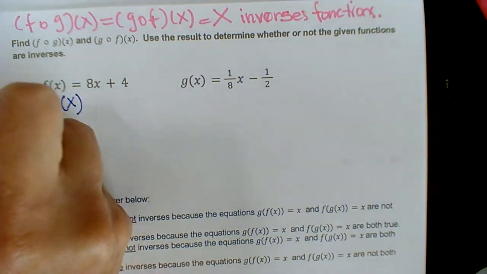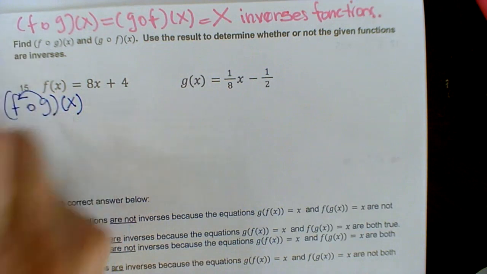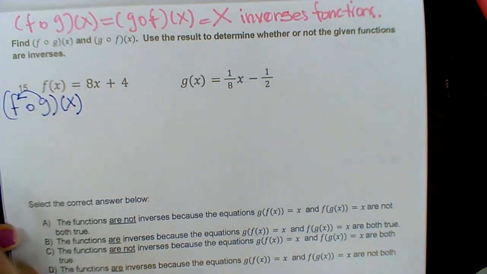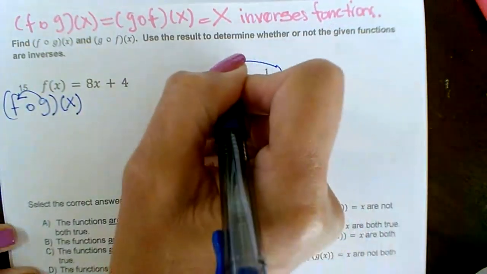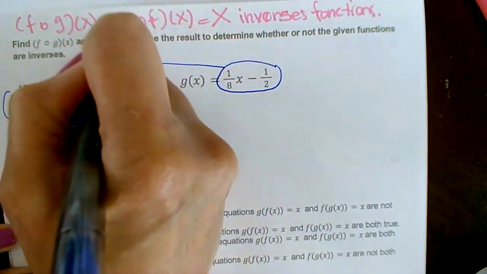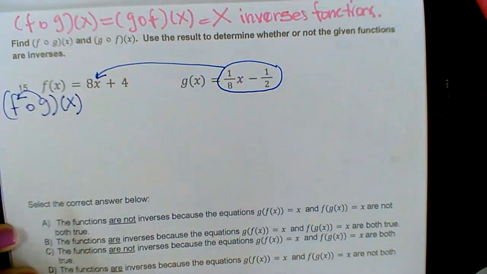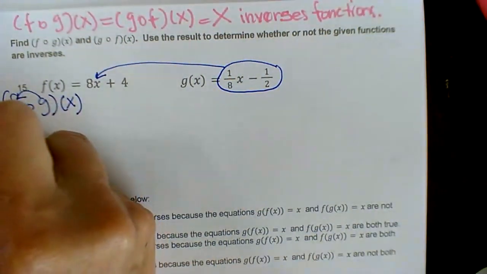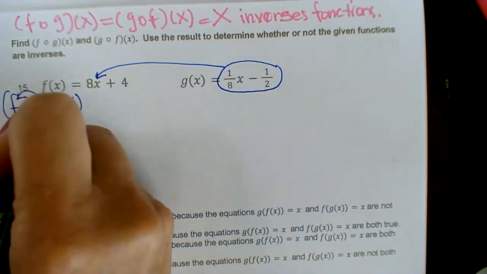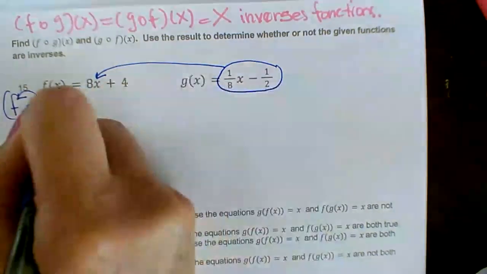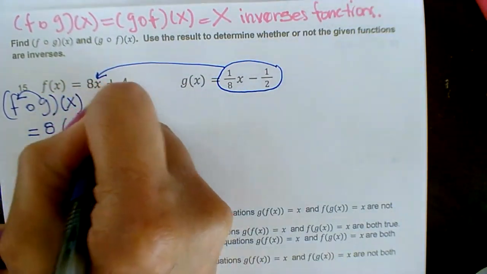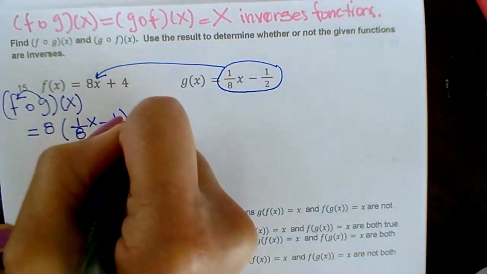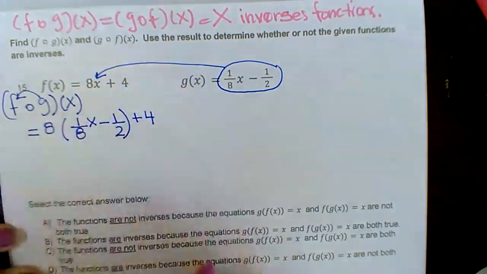We're going to take what? G and replace it on f. That's what it means. It means that we're taking all of this. We're going to substitute it for the x. So this is going to be equal to 8 times what? 1 over 8x minus 1/2 plus 4.